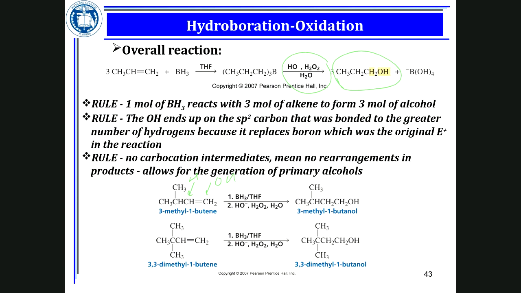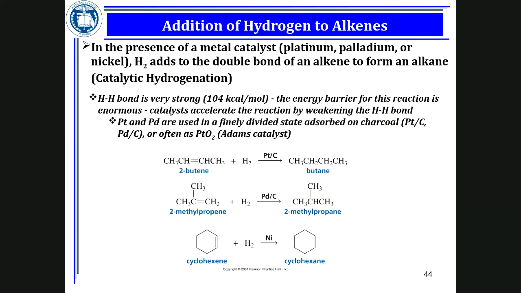And similarly here, the most substituted carbon is going to take the, OH, I'm sorry, the H, and the least substituted is going to take the OH for the anti-Markovnikov product. Okay.